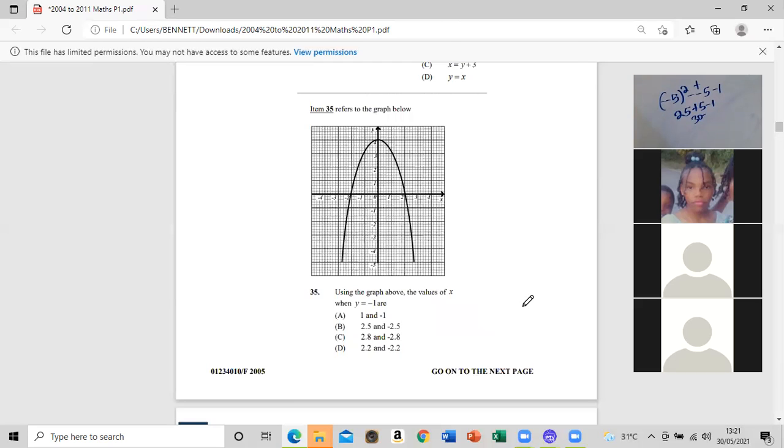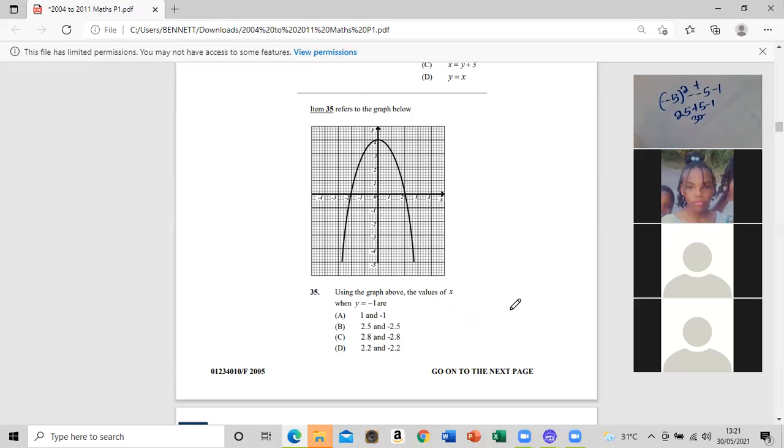It's just a fact. Using the graph above, the values of x when y equal negative 1 are. So we're going to find when y equal negative 1. So first we have to identify when y is negative 1, though. So what are the values?